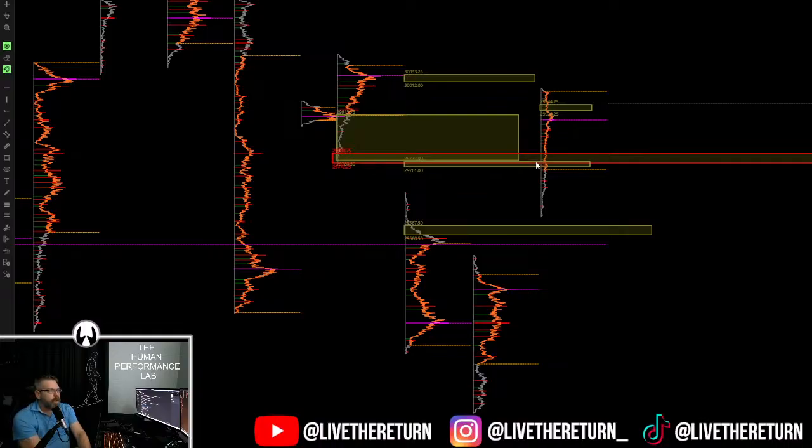What happens when volume comes back into this market? Higher probability of a rotation lower. Why? Because we came up on low volume. Like in here, we had the high volume at the low of this area. Price action came up, came back down and tested into it. I'm expecting us to move away from this day.